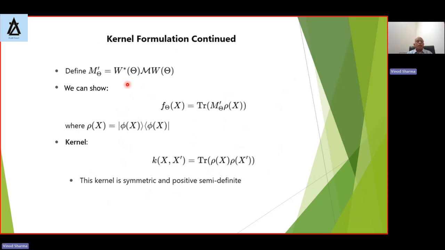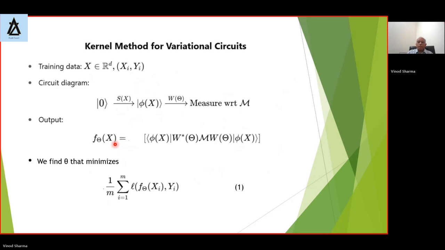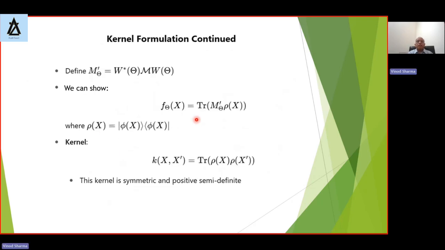We define M_theta prime as W*(theta) M W(theta). That was the quantity which was inside. And we can show that f_theta(x) that we have given here can be written as the trace of M_theta prime rho_x, where rho_x is |phi(x)> tensor <phi(x)|.